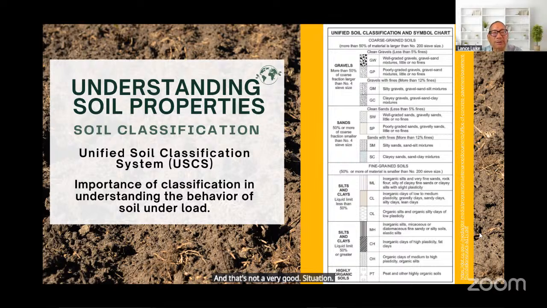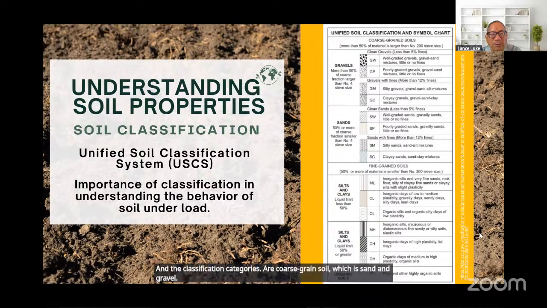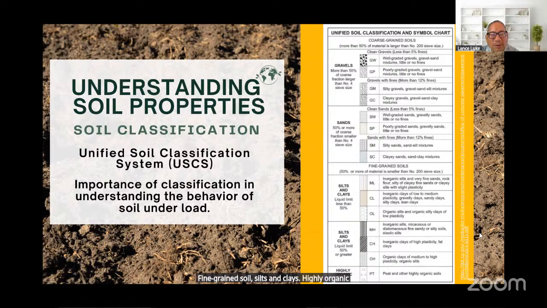So the soil classification was developed by the Army Corps of Engineers, and it classifies the soil based on texture and cohesiveness. The classification categories are coarse grained soil, which is sand and gravel; fine grained soil, silts and clays; and highly organic soil, peat and muck.